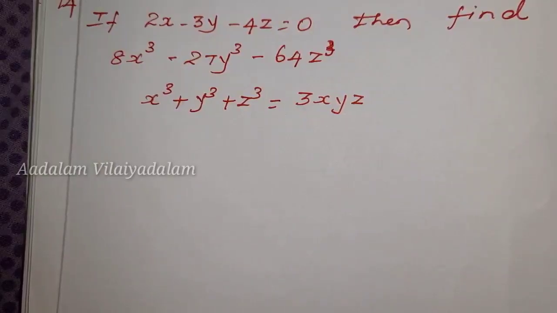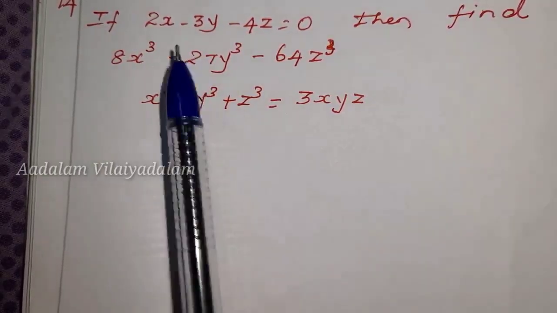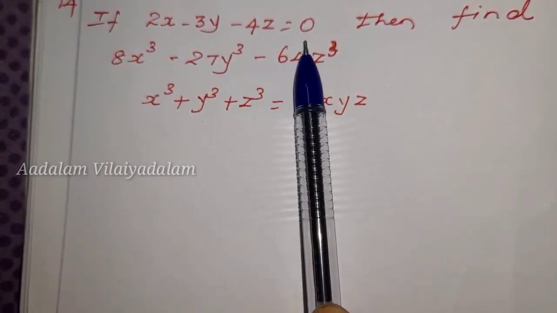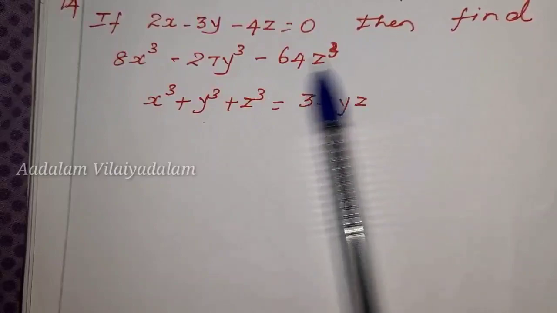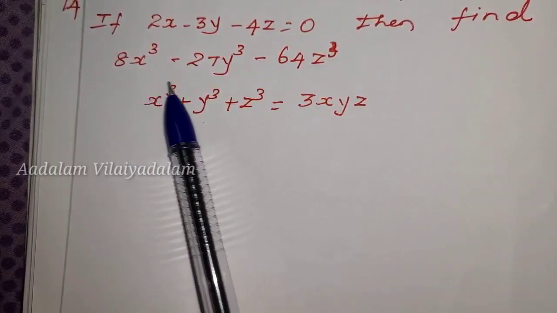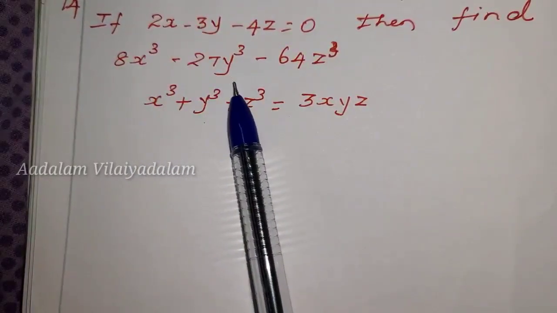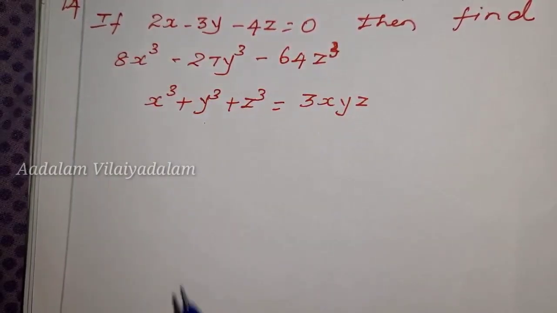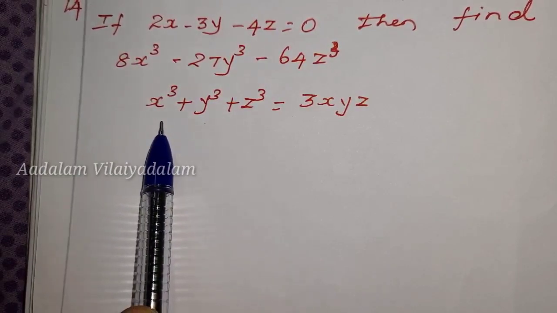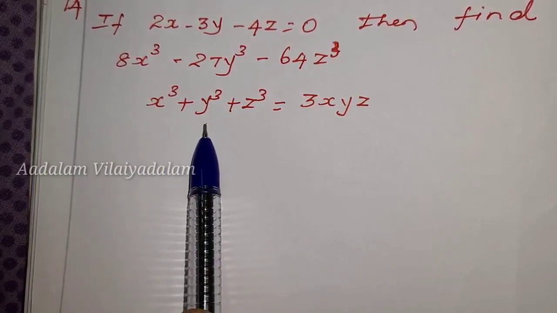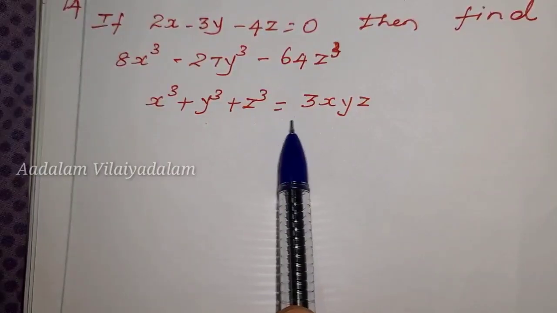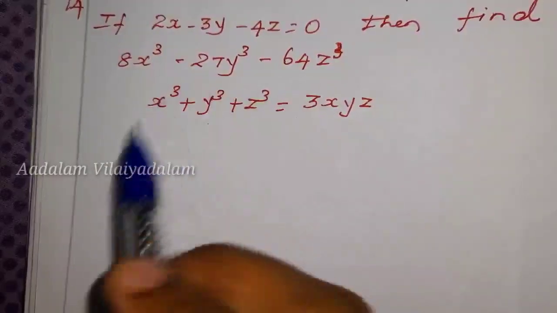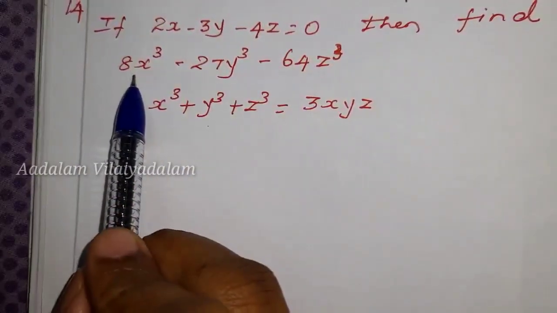14th one: if 2x minus 3y minus 4z equal to 0, then find 8x cube minus 27y cube minus 64z cube. So we know the formula x cube plus y cube plus z cube equal to 3xyz. So we have to find the value of 8x cube.